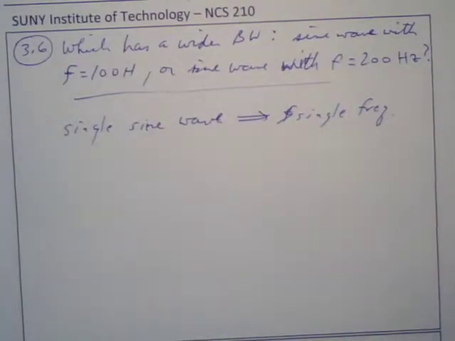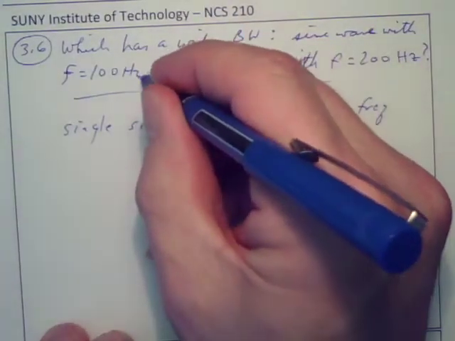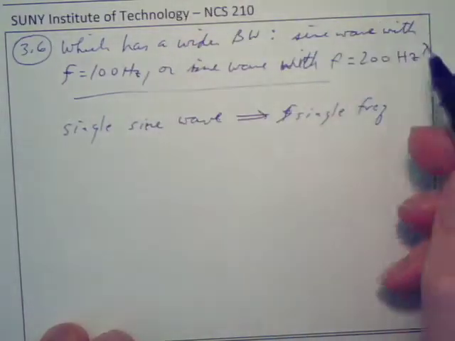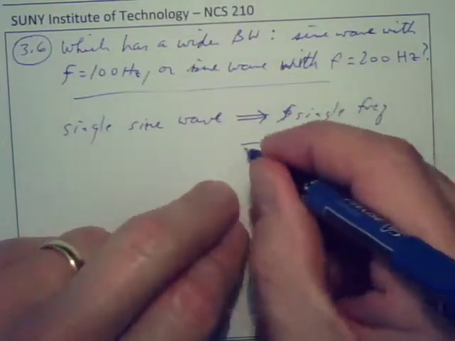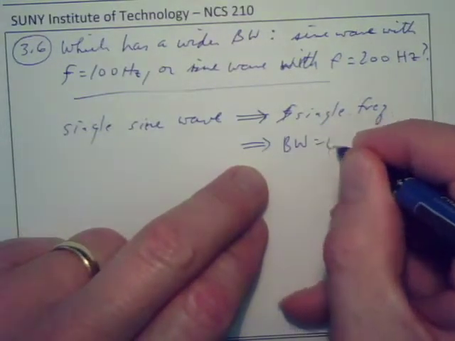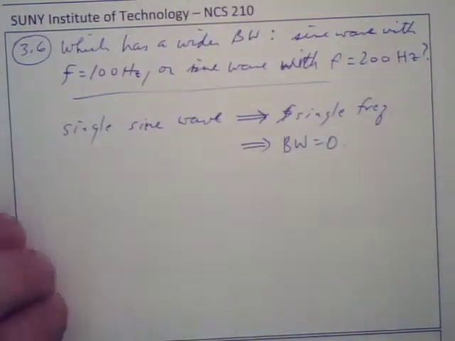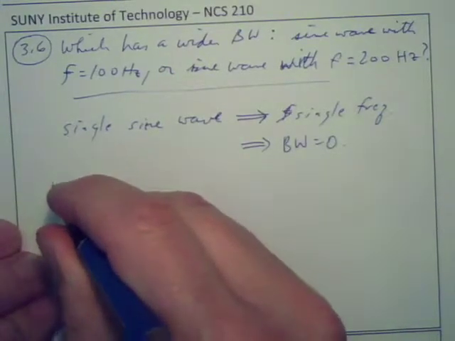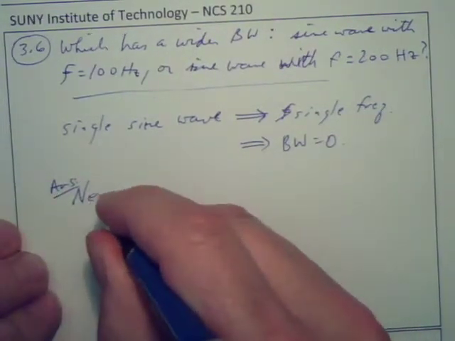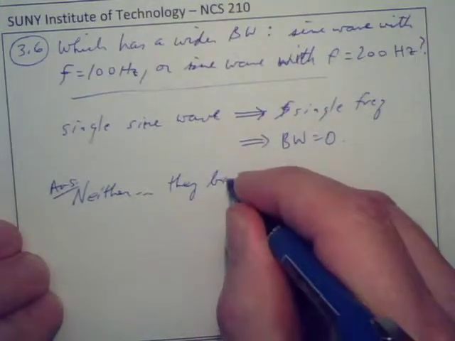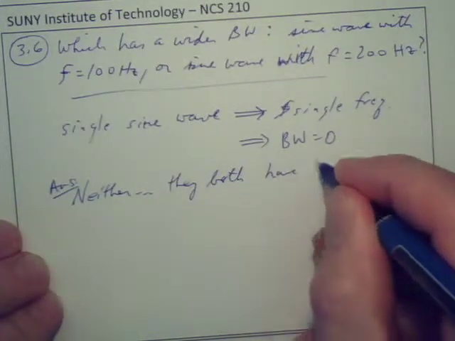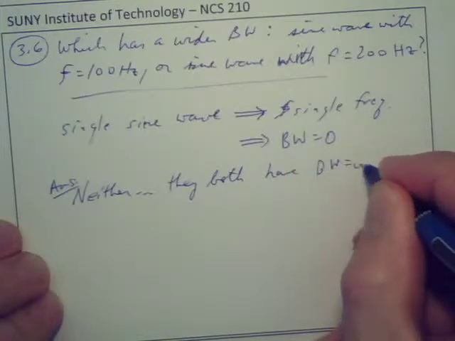And so in either of these cases, 100 hertz or 200 hertz, a single frequency means that we have a bandwidth of 0. So the answer is neither. They both have bandwidth equal to 0.